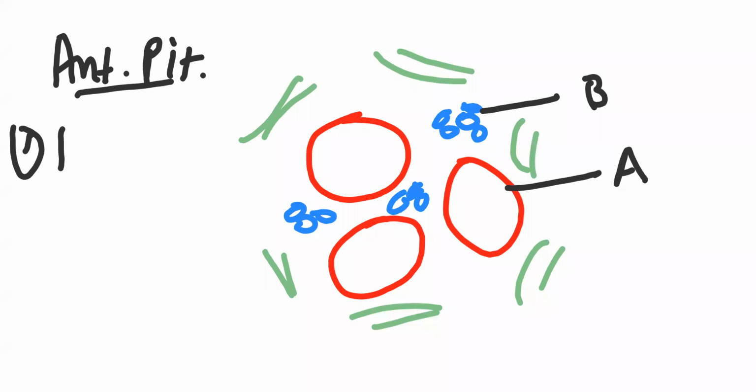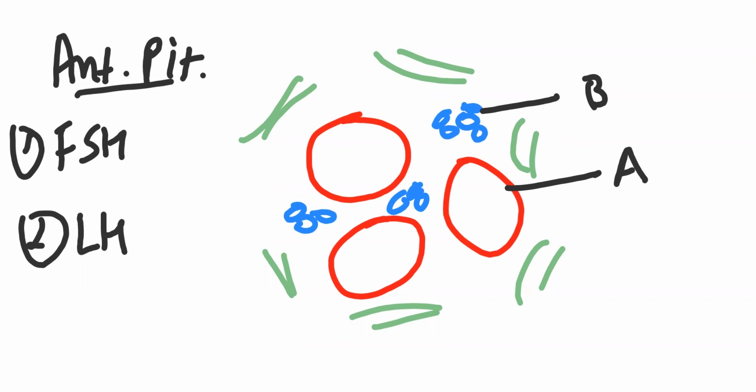Now, from the anterior pituitary, two hormones are released. One is FSH, that is called follicle stimulating hormone, and another one is LH, that is called luteinizing hormone.